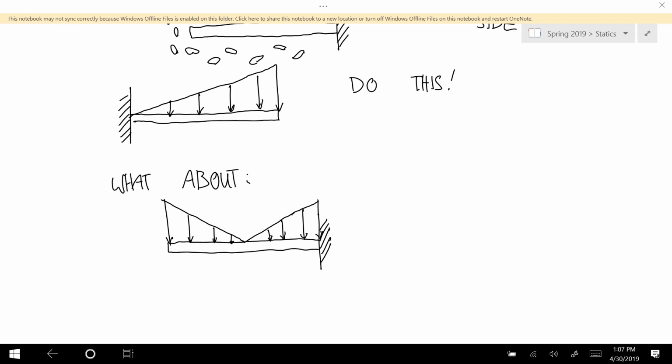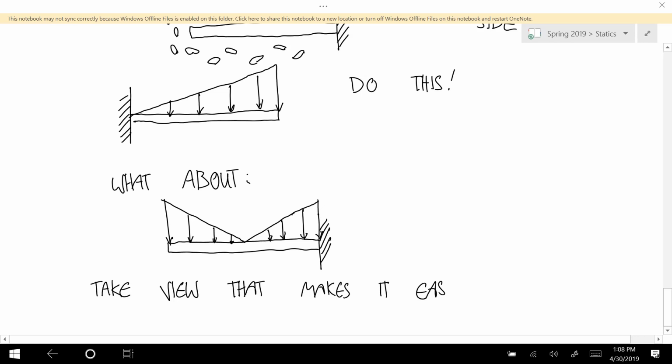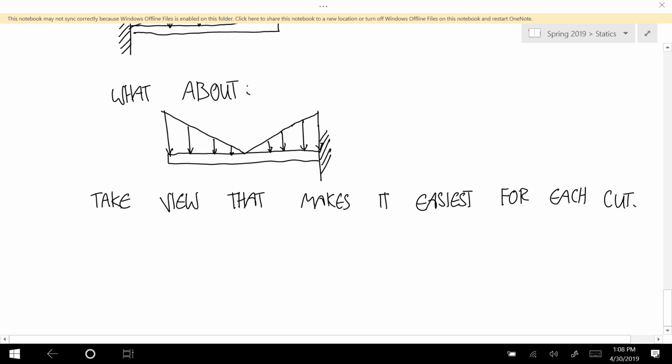Okay. So for this one, just take the view that makes it easiest for each cut. Just remember that your x values don't mean the same thing.